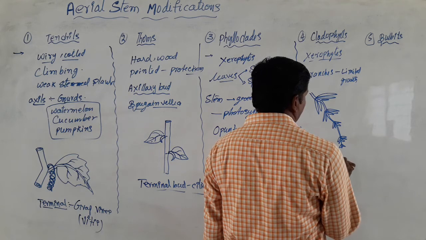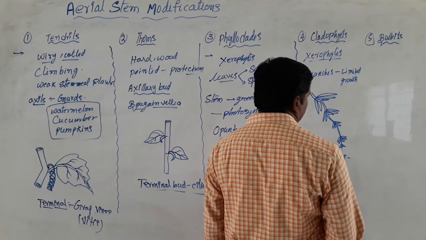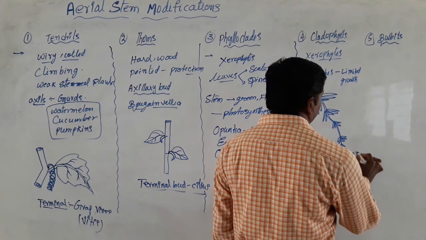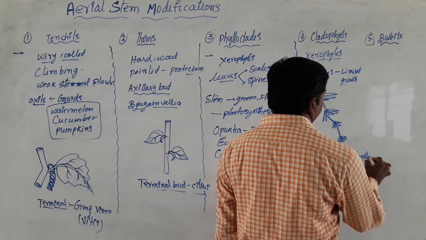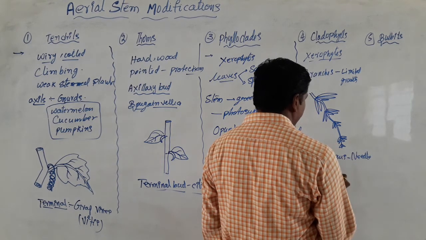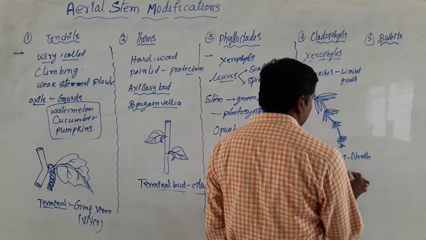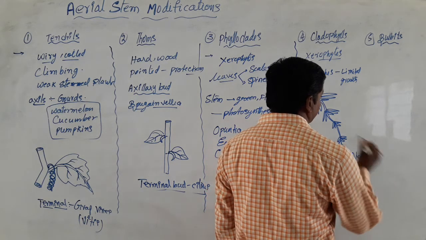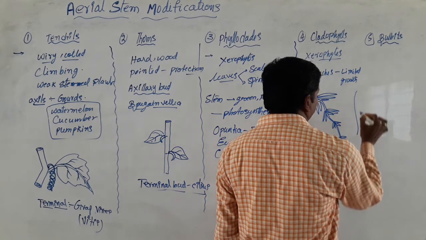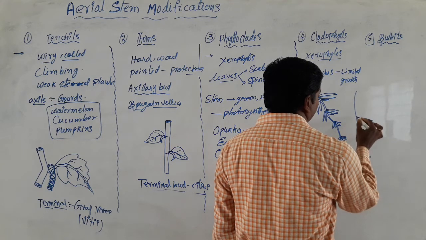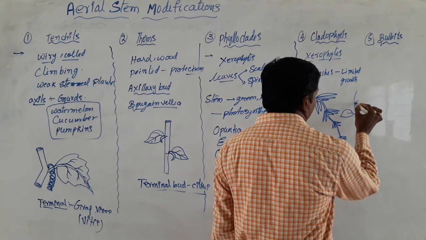Generally, these cladodes are found in asparagus. In asparagus, these cladodes are needle-shaped. But in the case of Ruscus, they are leaf-shaped. For example, this is the stem, and this is one branch, another branch.